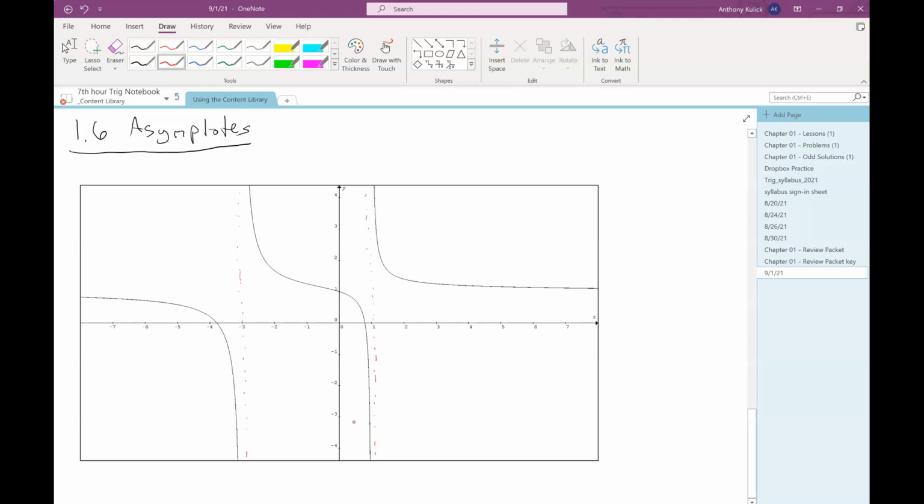Right? And then I see one kind of horizontally here at +1. Everybody okay with that? Looking at the picture, identifying those?